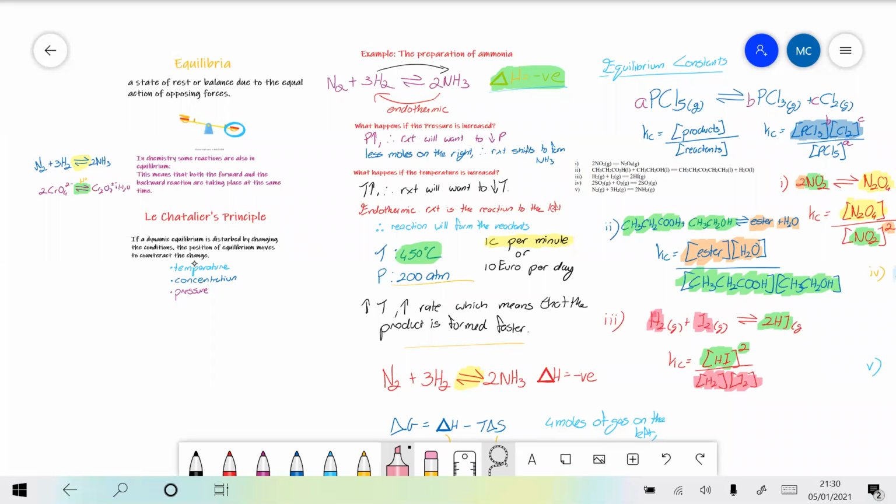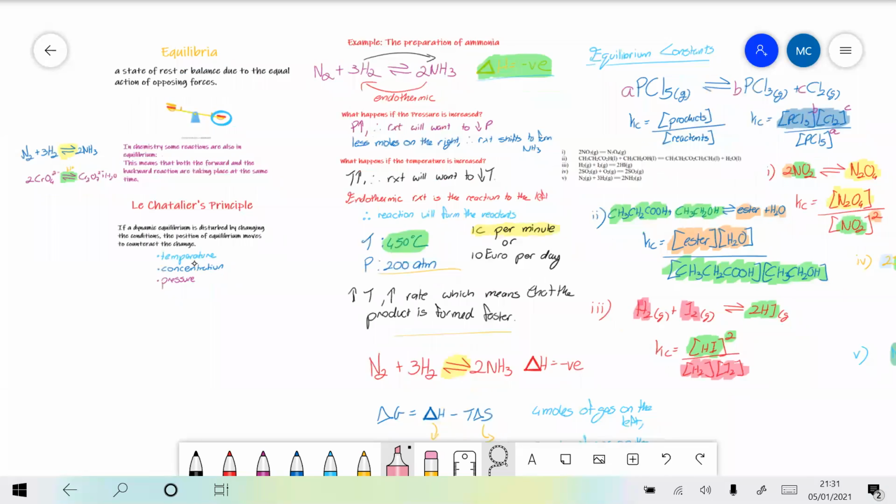Then we discussed that equilibria can also happen in chemical reactions, where the rate of the forward reaction is equal to the rate of the backward reaction, where we then discussed Le Chatelier's principle. And we said that Le Chatelier's principle can be used to determine how external factors will change the yield or the equilibrium of the reaction.